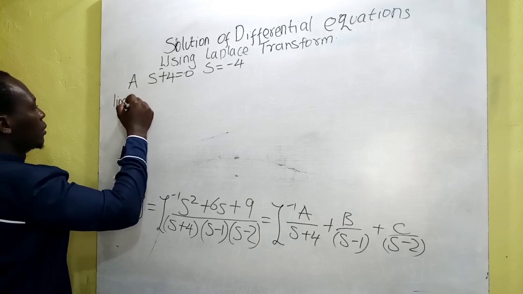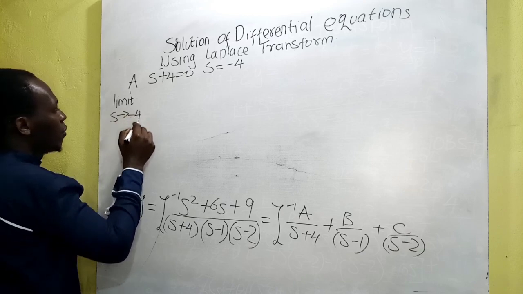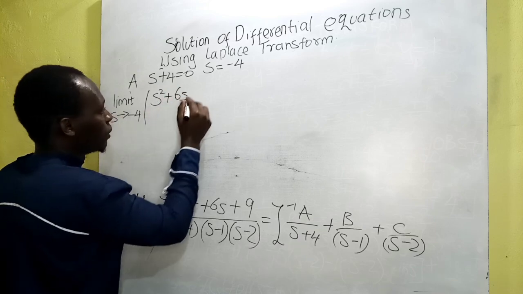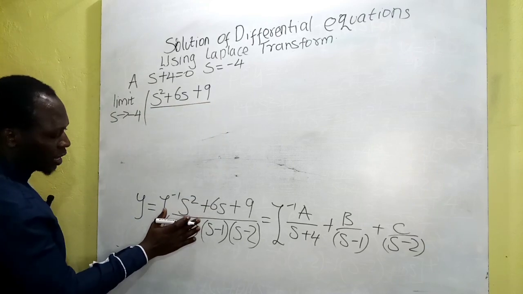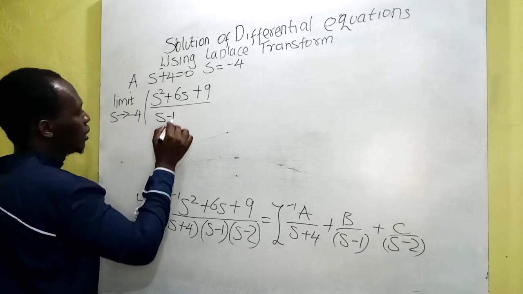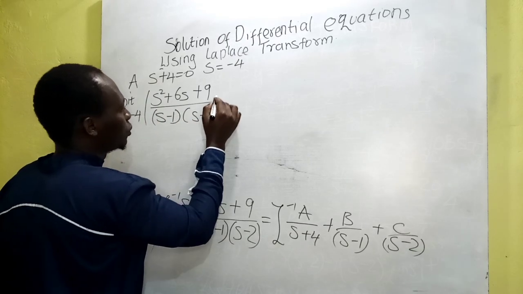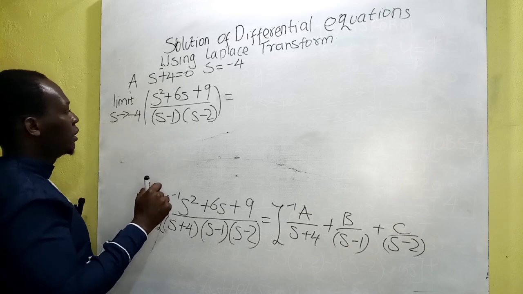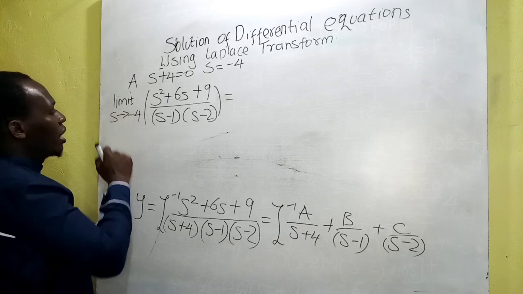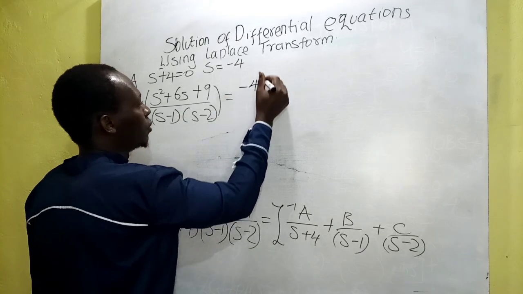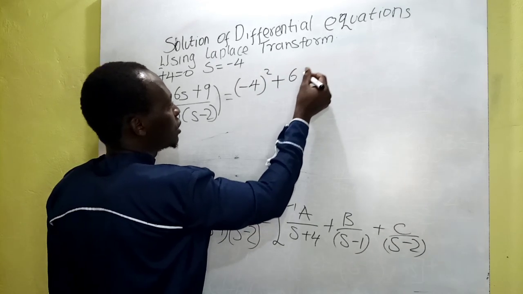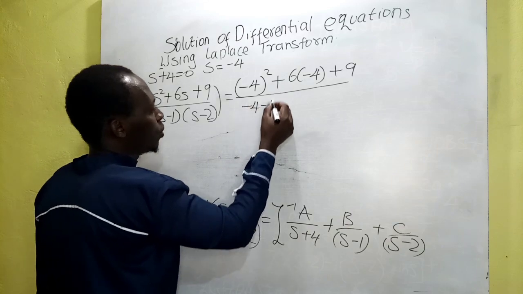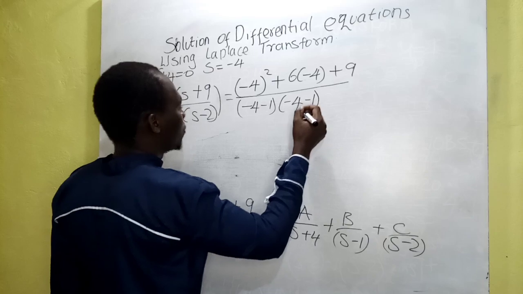We say limit as s approaches negative 4 of s squared, we add 6s, we add 9, all over, we cover up our term of a, and now we have s, we subtract 1 into s, we subtract 2. Since s approaches negative 4, we have negative 4 squared, we add 6 multiplied by negative 4, we add 9, all over negative 4 we subtract 1 into negative 4 we subtract 2.